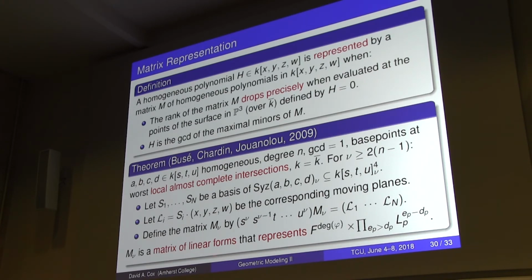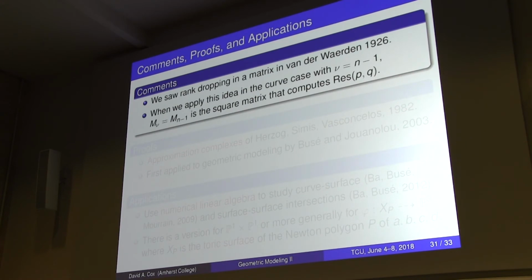And so again, this matrix, you can think about it in 2 ways. You can think about it as just the matrix itself, or you can think about the GCD of maximal minors. In one sense, this replaces the resultant, but the matrix itself is a useful gadget. Just to say a few words about that, because this idea of a matrix dropping rank is an idea that goes back quite a ways.